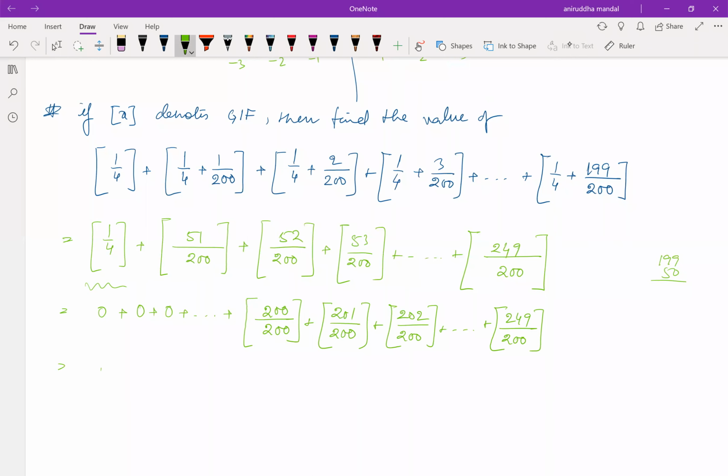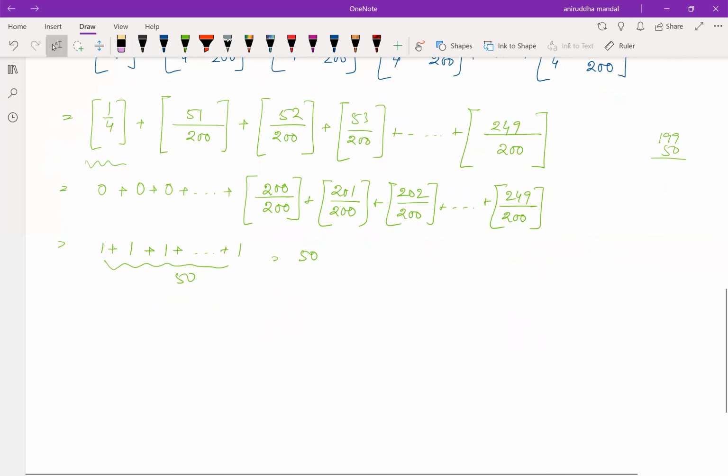How many numbers do we have? The first portion is 0, and we need not write 0 every time. The first term is 1, then 201 divided by 200 means 1 plus 1/200, so the greatest integer is 1, then again 1, so like that we have 50 ones. So the answer to this question is 50.